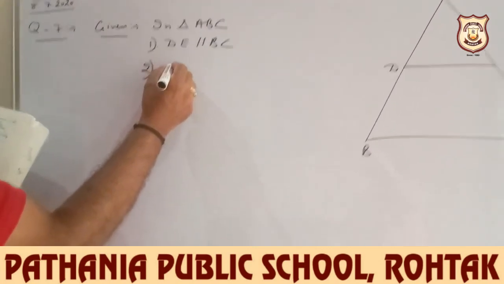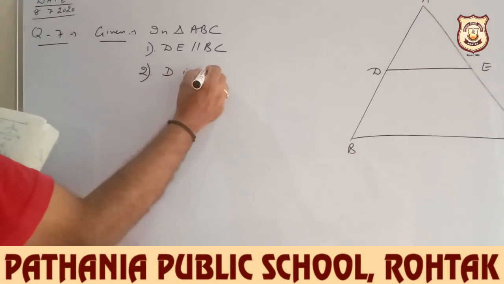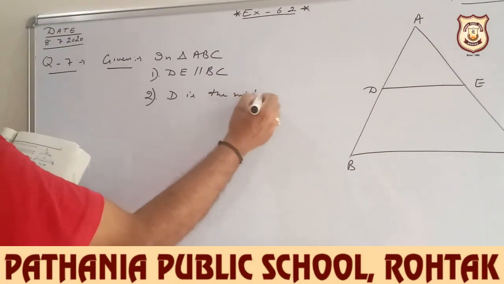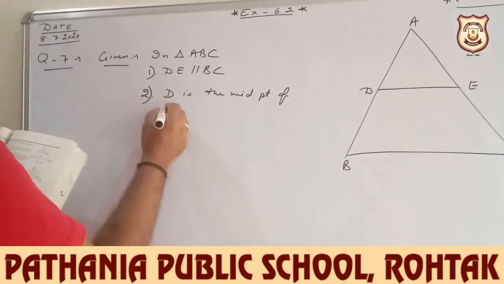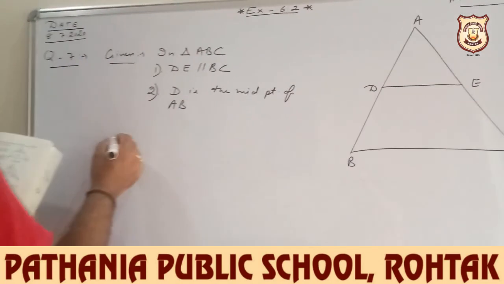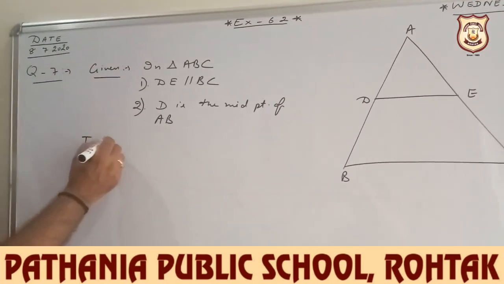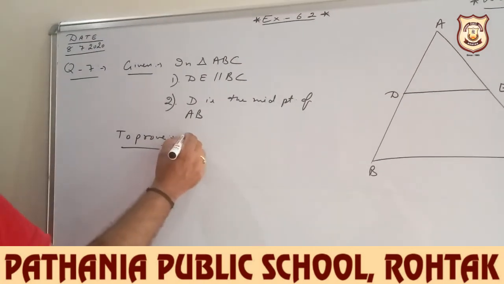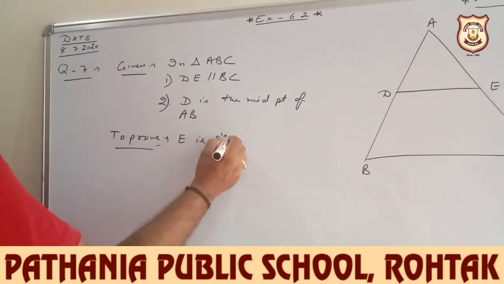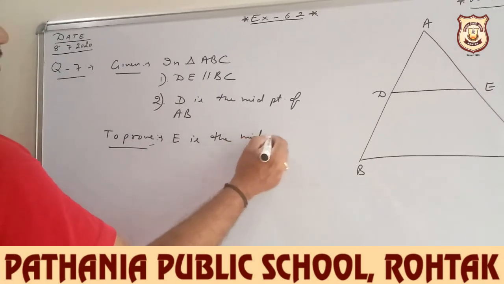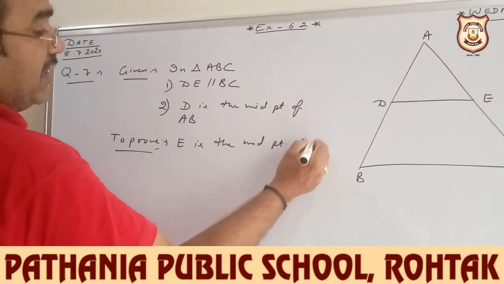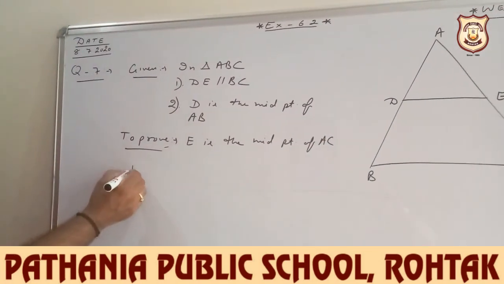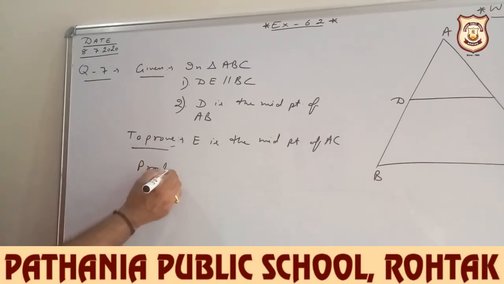So see student, start with given. In given you can write, in triangle ABC, first point DE is parallel to BC. Second point, D is the midpoint of AB.